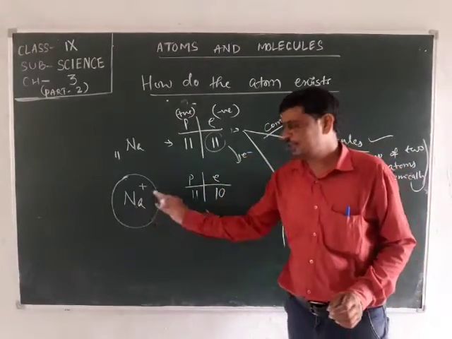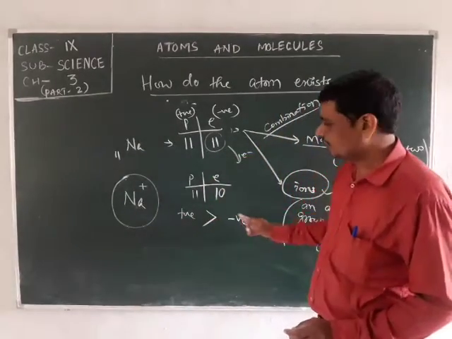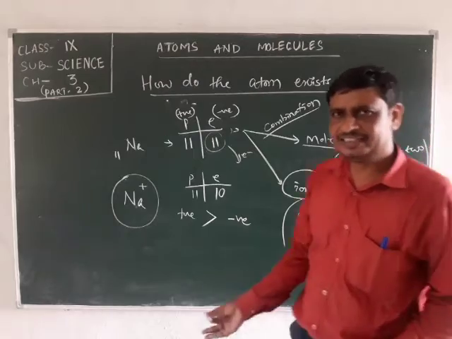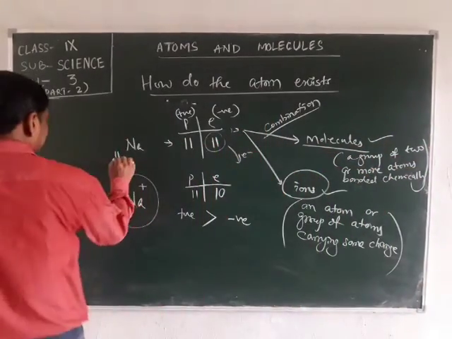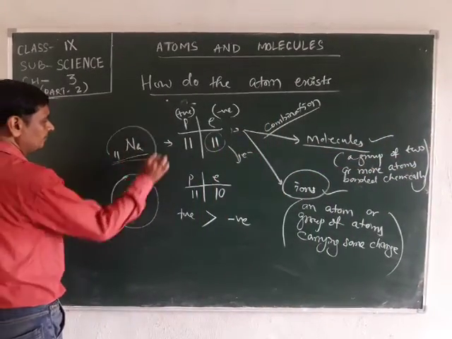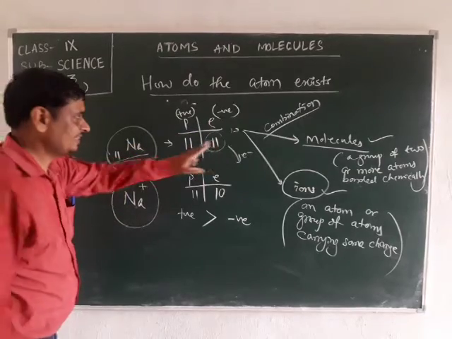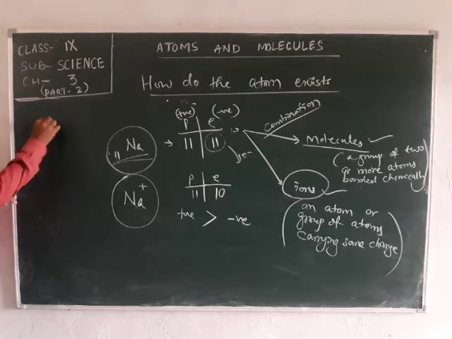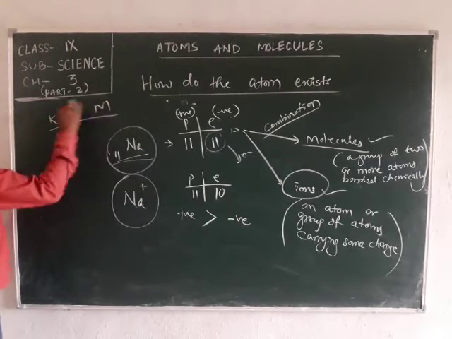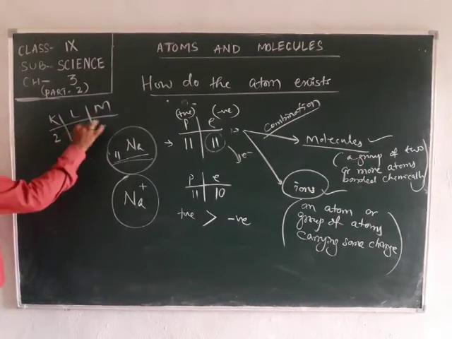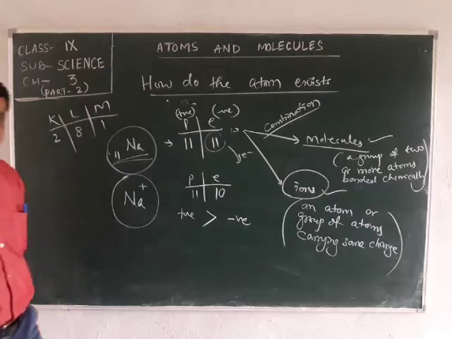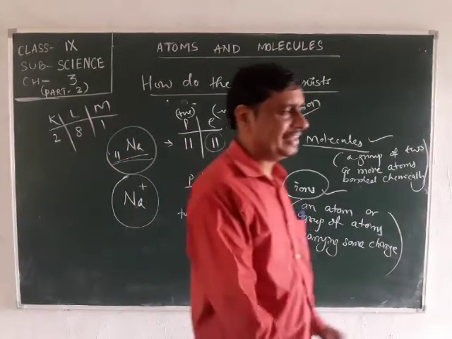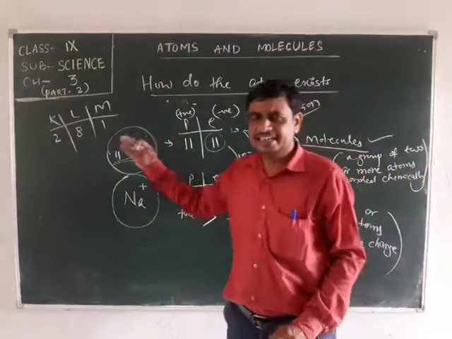So in the case of sodium, it loses one electron. Why does it lose an electron? In this sodium atom, 11 electrons are there in the electronic configuration. The shells are accommodated like 2, 8, 1. Every atom tries to be inert.